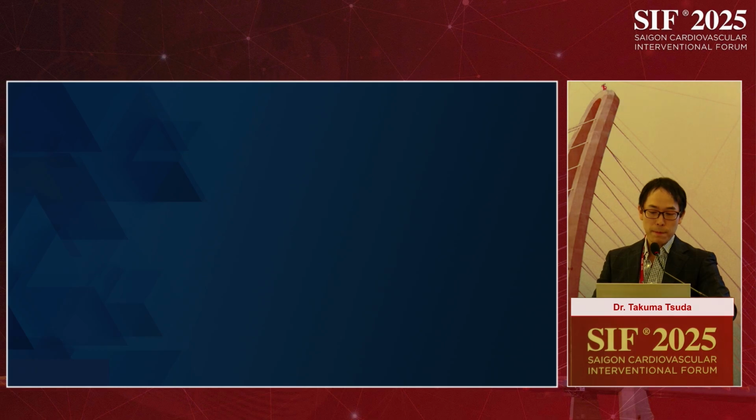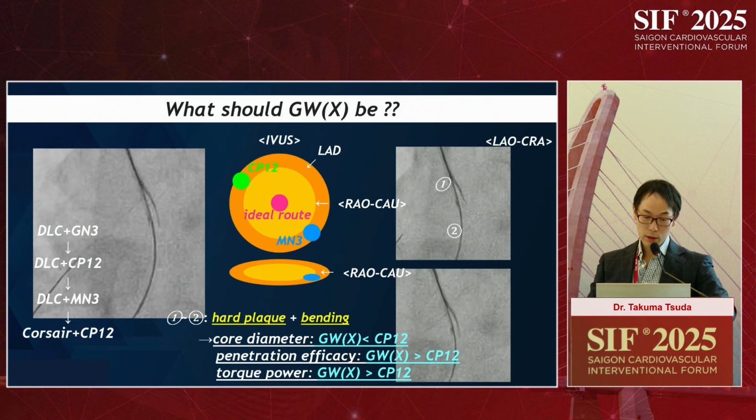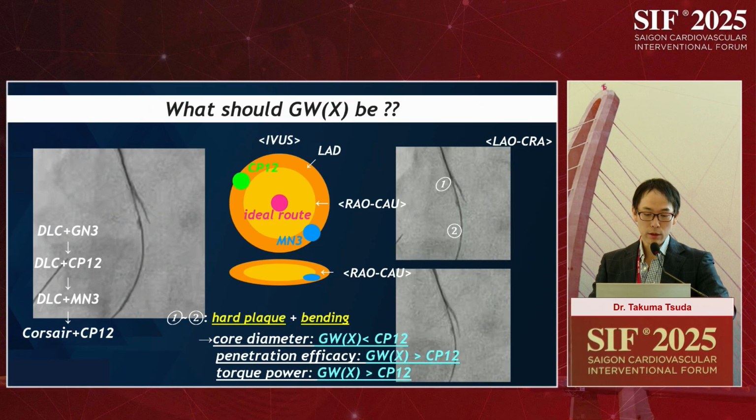So this is a cross-section IVUS image. The CP12 goes to 10 o'clock, but the true lumen should be located in this position. So that's why the true lumen is like this course. Okay, but the CP12 only went to the lateral side and could not come back.